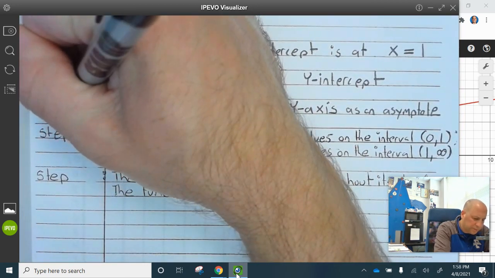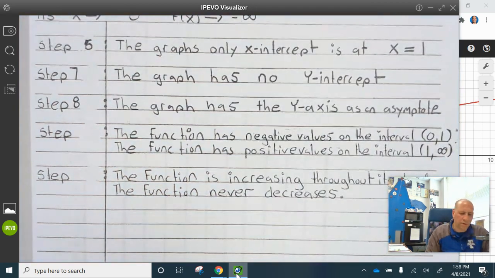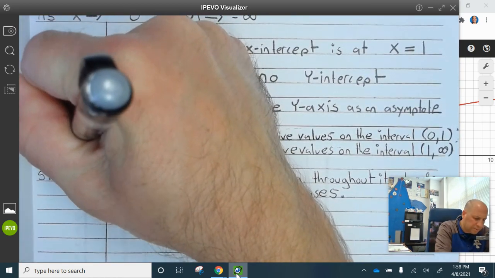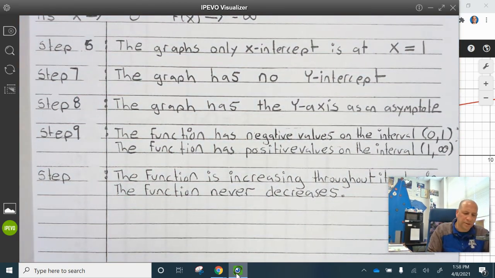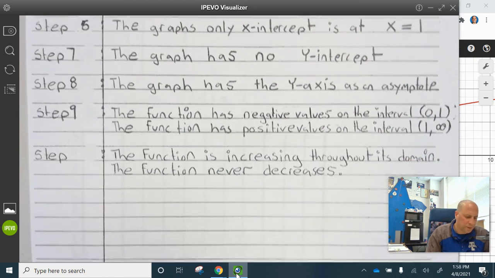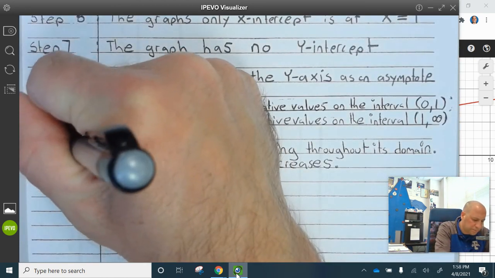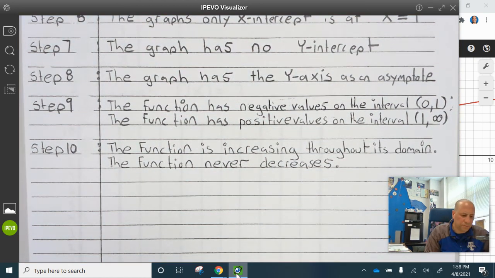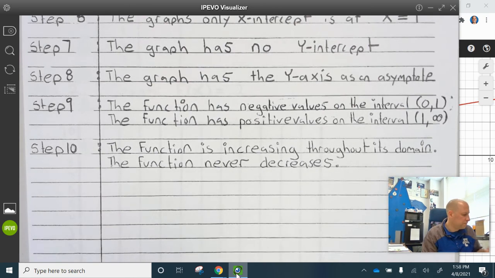Step 8, the graph has the y-axis as an asymptote. Step 9, the function has negative values on the interval 0 to 1, and the function has positive values on the interval 1 to infinity. And then step 10, the function is increasing throughout its domain, the function never decreases.